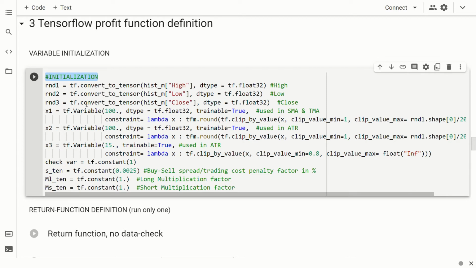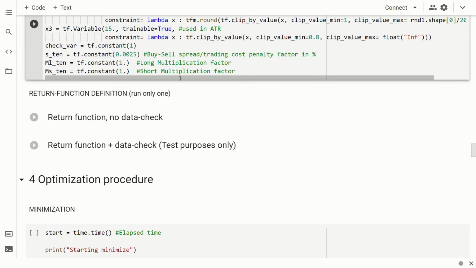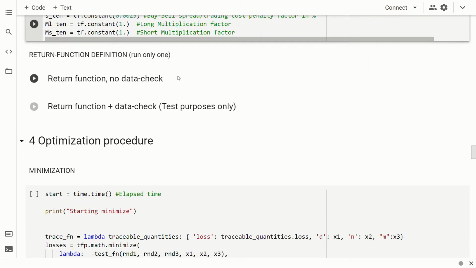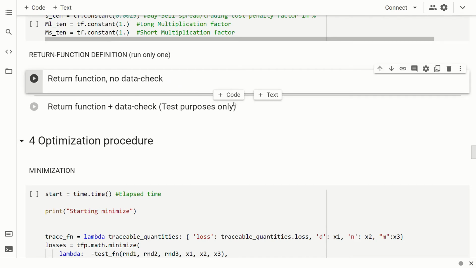So it's just a statement to say, hey, this is the closing price, this is my high, this is my low, and whatever is used in the ATR function. After this preliminary step, we are going to define the function itself. Now you will find two functions here, the first and the second.